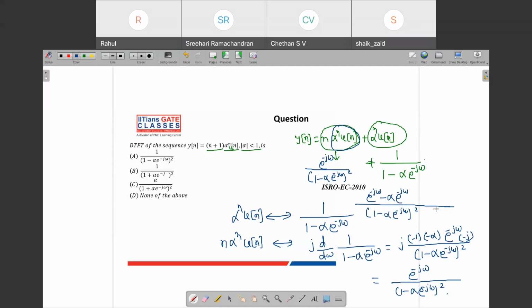There is a sign change. e to the power minus j omega.